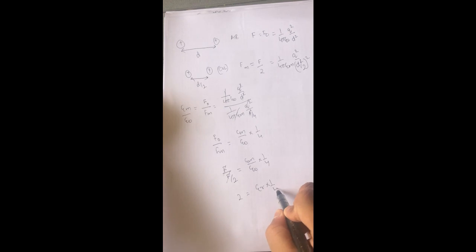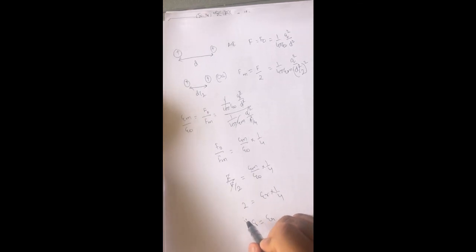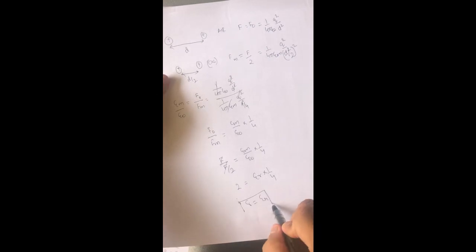So in this case, on the left hand side what is left out will be 2, and on the other side it becomes epsilon m upon epsilon naught, which is epsilon r, the relative permittivity, and we get relative permittivity as 8. Thank you.